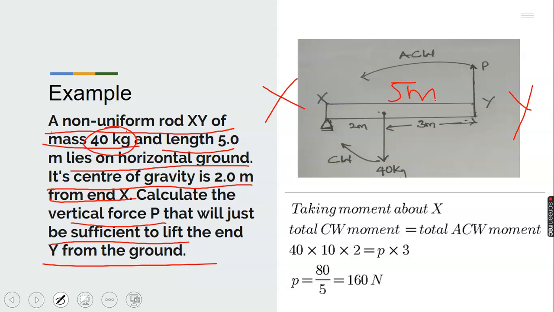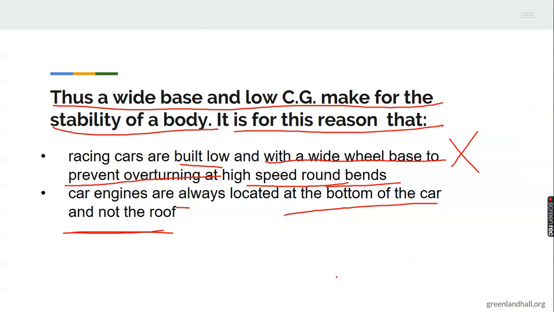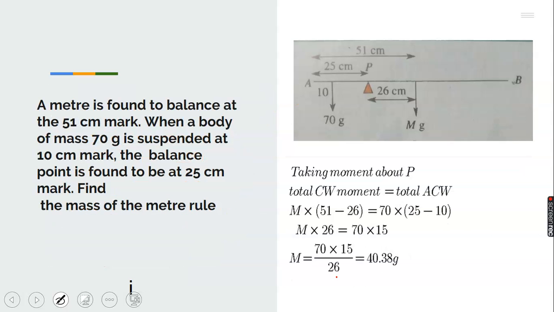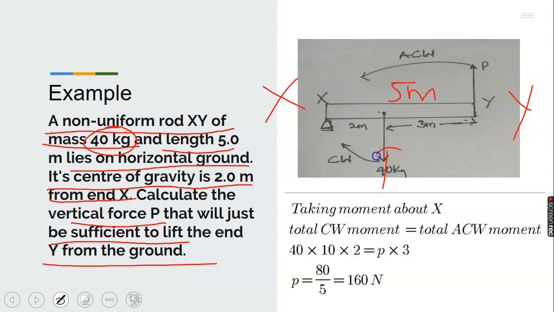But because it's non-uniform, the center of gravity is at 2 meters from X. That's why you have the weight here. Now, that means it's on the ground. Now, we are looking for a force that will just be sufficient to lift it up from this end. This point will now be our pivot because we are lifting it at one end.